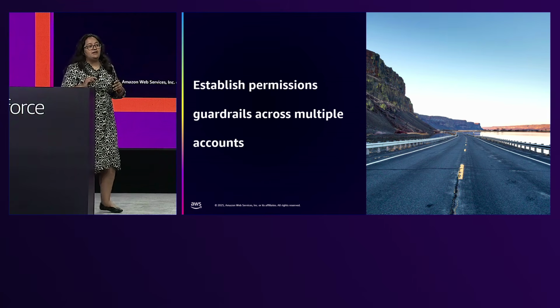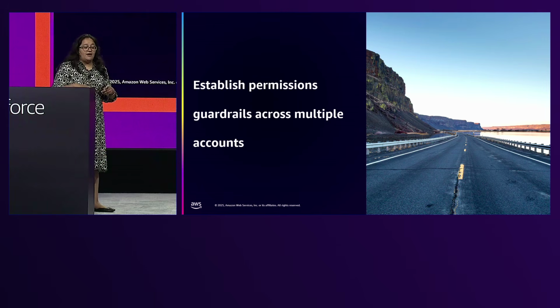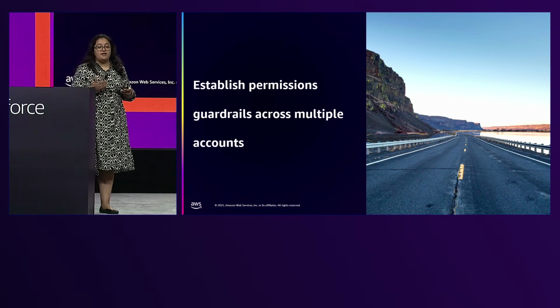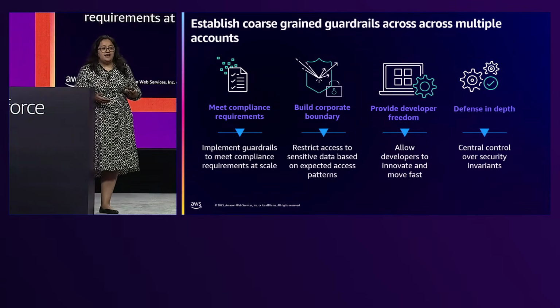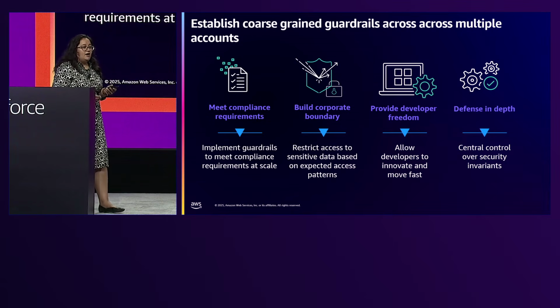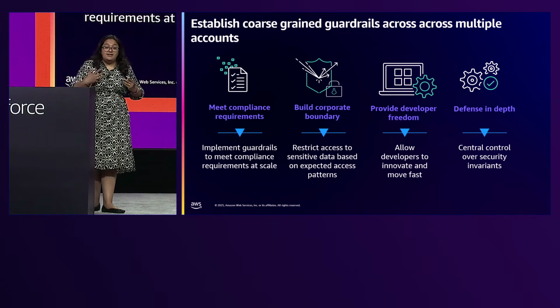And therefore, we need a guardrail around our AWS environment to make sure that our resources are being accessed by the right identities. And that is done through establishing a guardrail around your AWS environment. And why is it important?